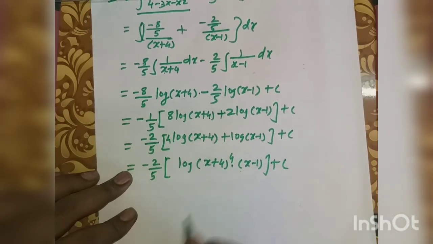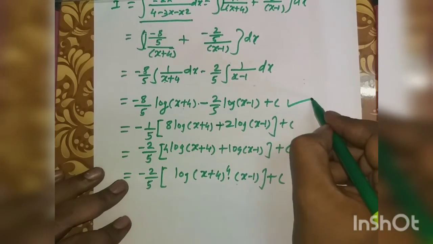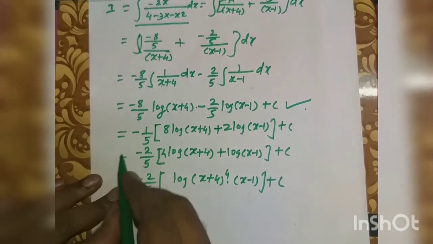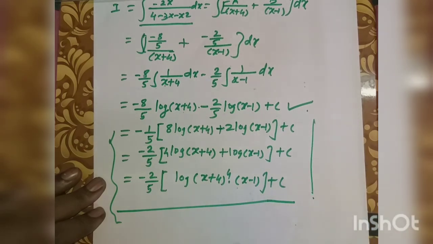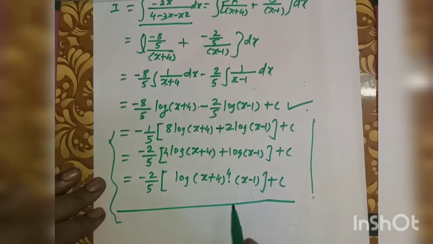Apply the rule of logarithm. In this step our answer is correct. We solve or do not solve the next part, which is the modified part. In this way we find its solution.